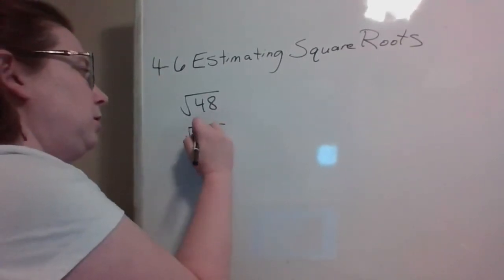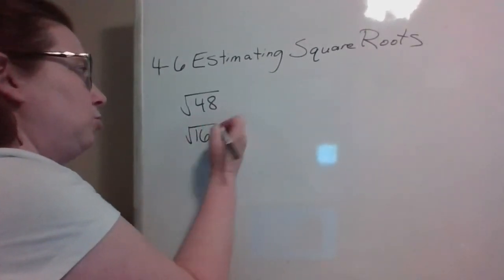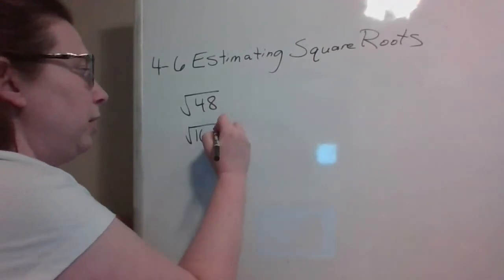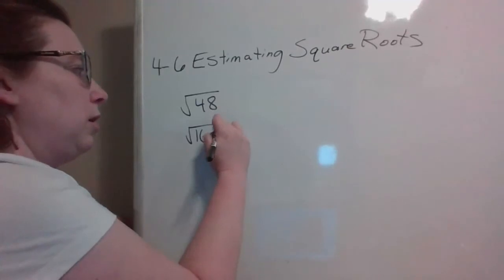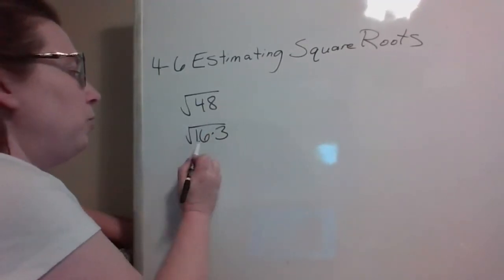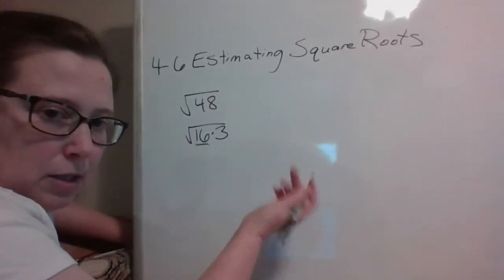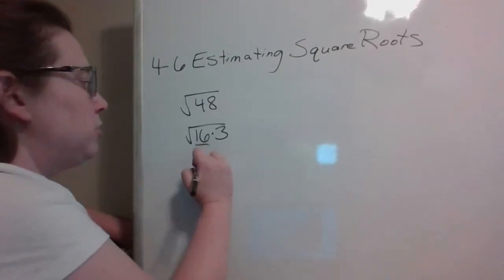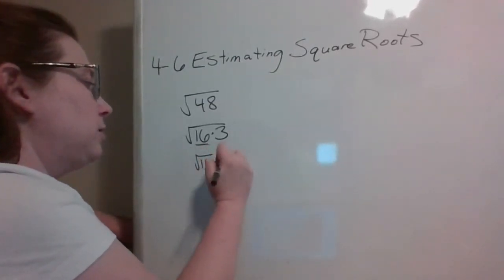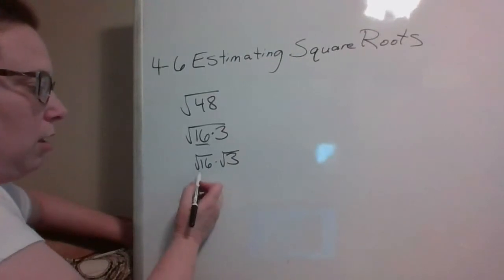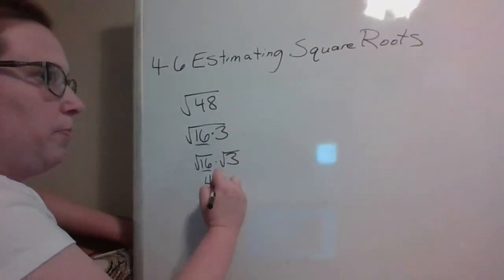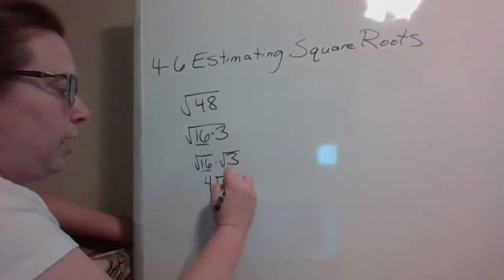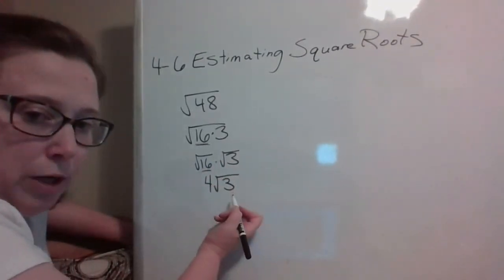So 16 goes into 48, and it goes in three times. We know what the square root of 16 is because that's a perfect square. So you can separate this and think of it like this. And we can take the square root of 16, which is 4. We would write 4 times the square root of 3.